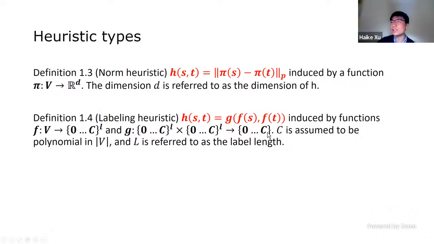The difference here is that, compared with norm heuristics, labeling heuristics support an arbitrary function g, which does not need to be the LP norm. However, we require that the value in each dimension must be taken from 0 to C, so it has limited precision. For norm heuristics, we do not have this requirement for the high-dimensional vector.